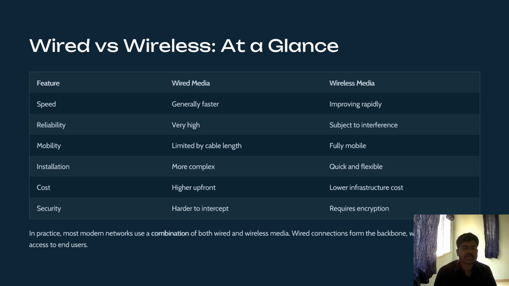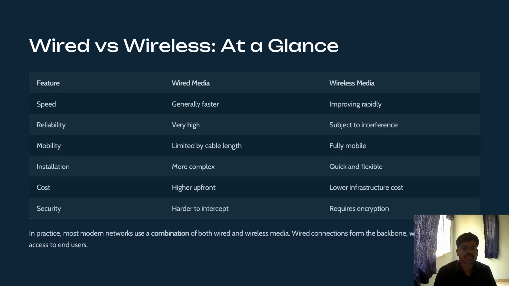So, some basic differences between wireless and wired communication media. Wired media is generally faster than wireless media and the reliability is very high in wired media compared to wireless media. And if we talk about mobility, wireless media has more mobility than wired media.